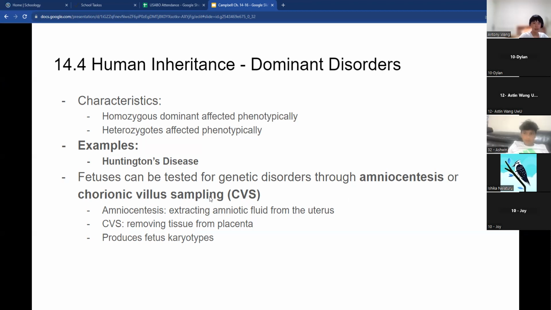Amniocentesis is you have a needle guided by ultrasound, and you collect some amniotic fluid. Then you karyotype, determining the genes of the baby through cells floating in amniotic fluid. Chorionic villus sampling, you take a piece of the placenta and you get the baby's DNA that way.